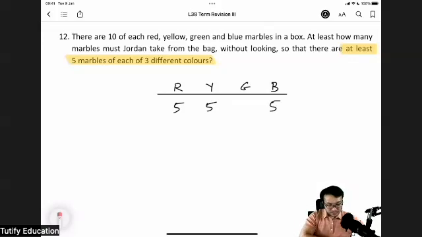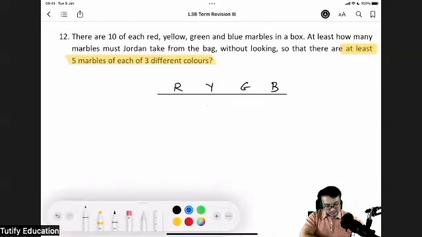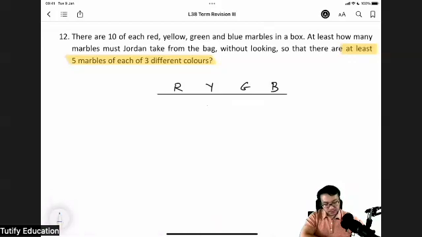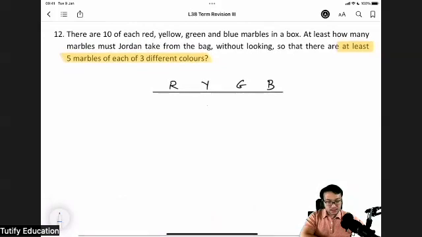Let's assume that we are blindfolded, choosing the marbles from the bag, and we took out 5 red marbles. Am I happy getting 5 red? Will you be happy? Yes, because you require 5 marbles of 3 different colors. Or you want to be unhappy.